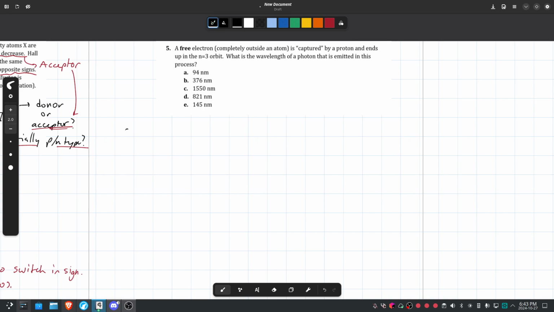So when we have a free electron, we assume it has no energy, pretty much. And then it gets captured by a proton. So it effectively falls into the proton's orbit.